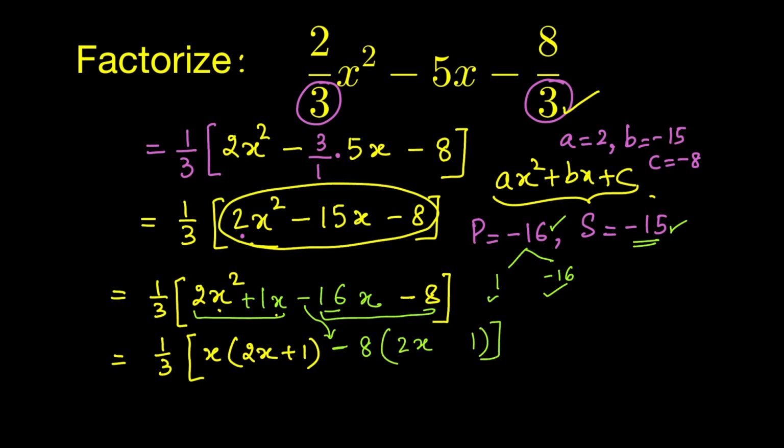Remember that whenever we factor out this minus, always change the sign to a plus. Now what answer do we get? We get 1/3, and here 2x plus 1 is common, so we write 2x plus 1 as one factor, and the other will be x minus 8. So this is the way we factorize when we have fractions in the question.